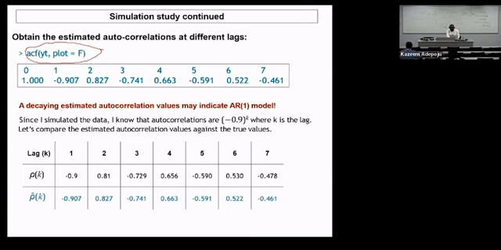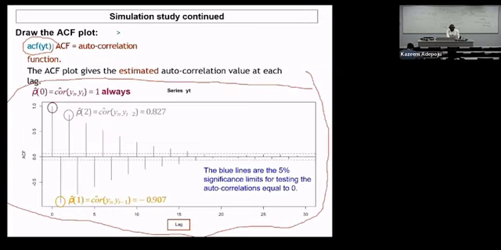If I go back here, when I say acf of YT, it's going to give us the estimated autocorrelation. Take a look at that. That will give you the opportunity to see that at lag 0 it's going to be 1. Of course, there's an agreement between the theoretical and the sample, the estimated one, at lag 0.